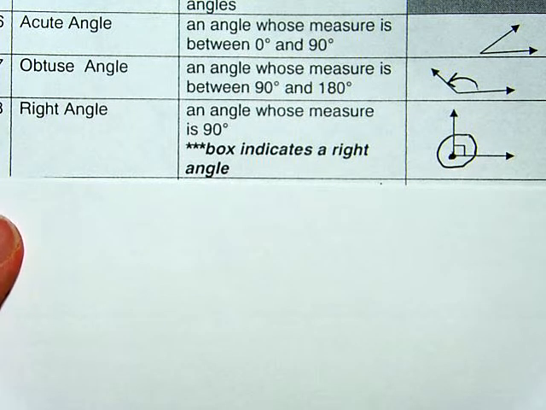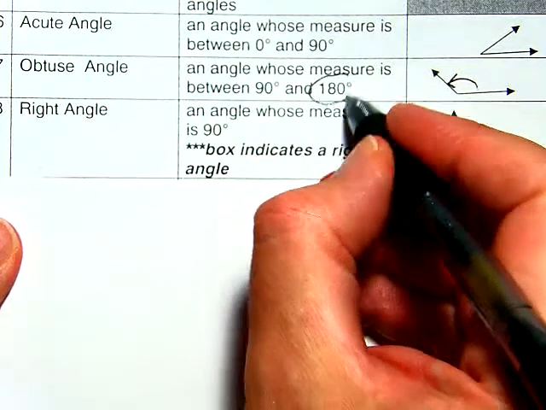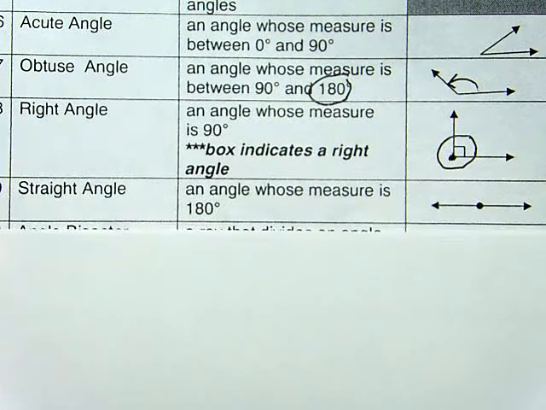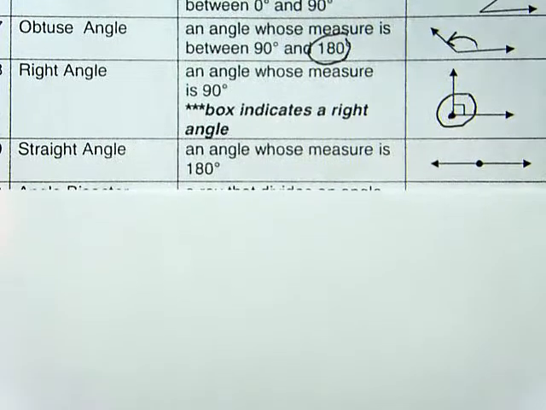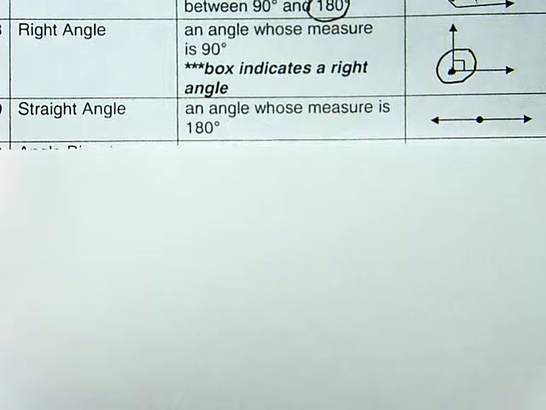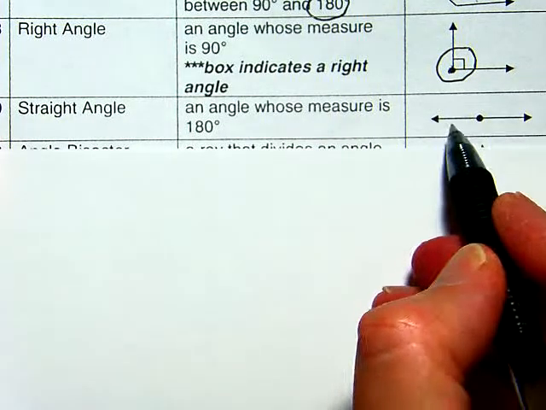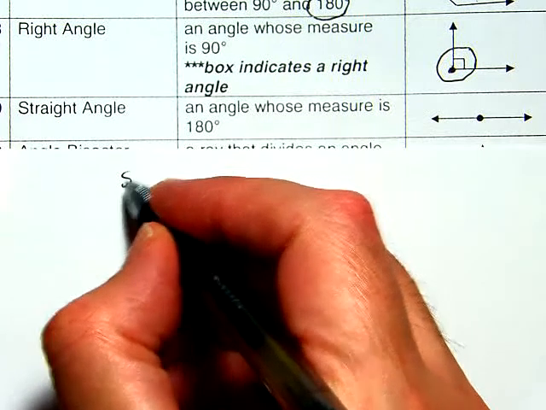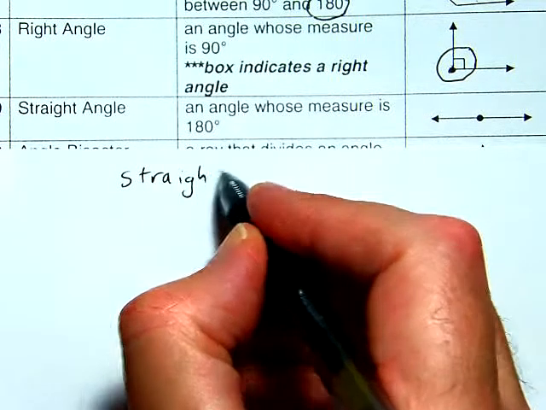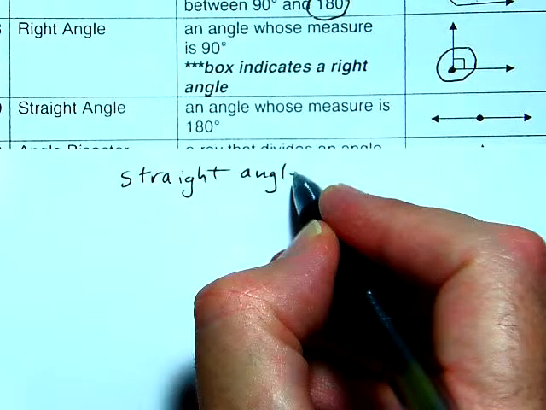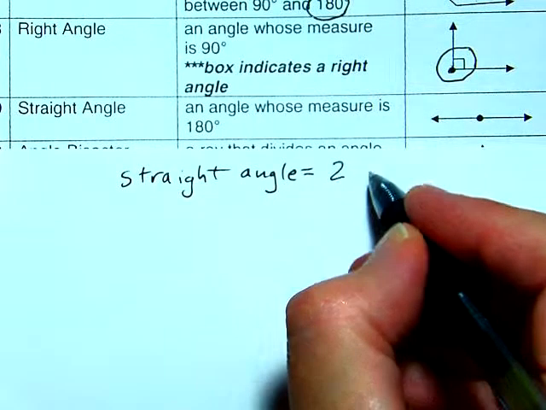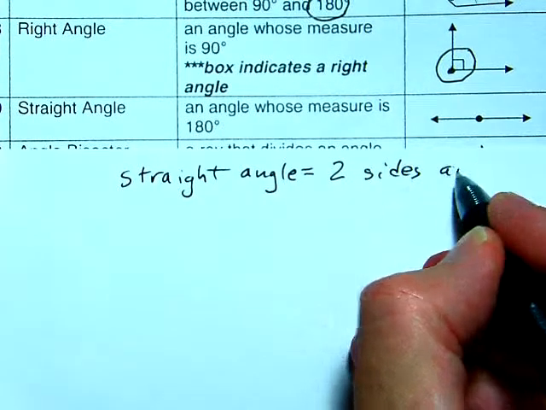And why are we picking 180 degrees? What's so special about 180 degrees? Well, that is what forms a straight angle. So when you actually have an angle where the two sides are collinear, a straight angle is one where the two sides are collinear.